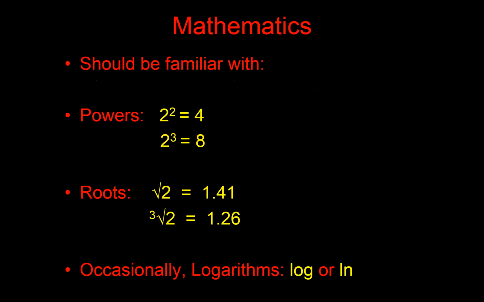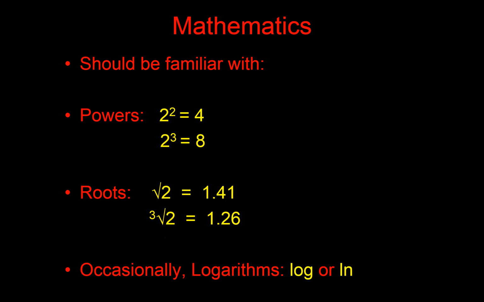In terms of mathematics, you should be familiar with performing powers both with and without a calculator. 2 squared is 4, 2 cubed is 8. Performing roots the opposite way here, so the square root of 2 is 1.41 and the cube root of 2 is 1.26. You may occasionally see a cube root. It's your responsibility to know how to do these things on your calculator and find the appropriate buttons.